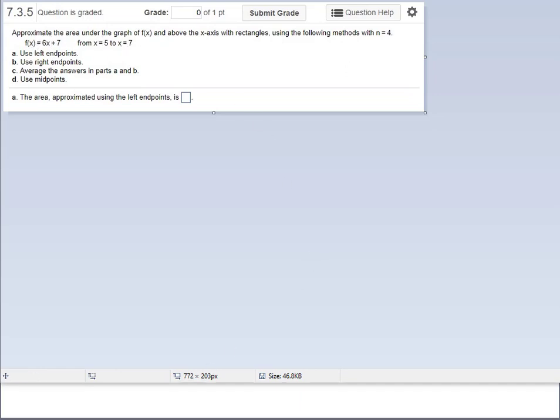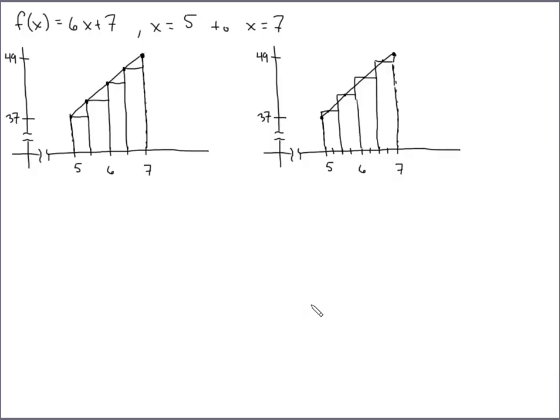I've got a drawing here about how we can approach this. So here's the function 6x plus 7. I've changed the scale a little bit here so I can fit it on here. We're only interested in what's happening between 5 and 7, so that's all I've got on the x-axis here.